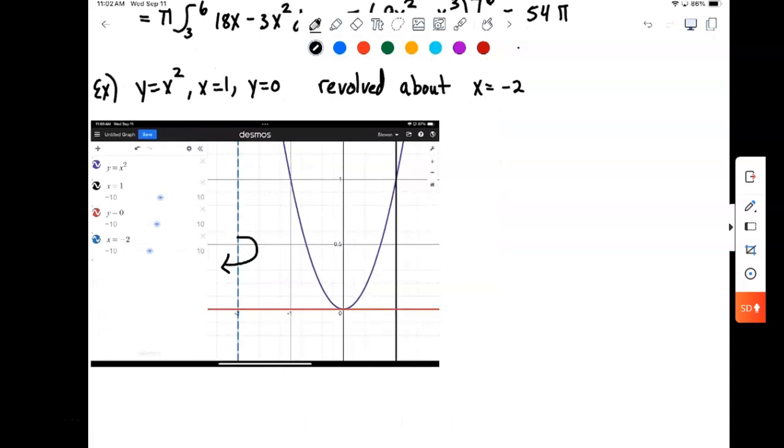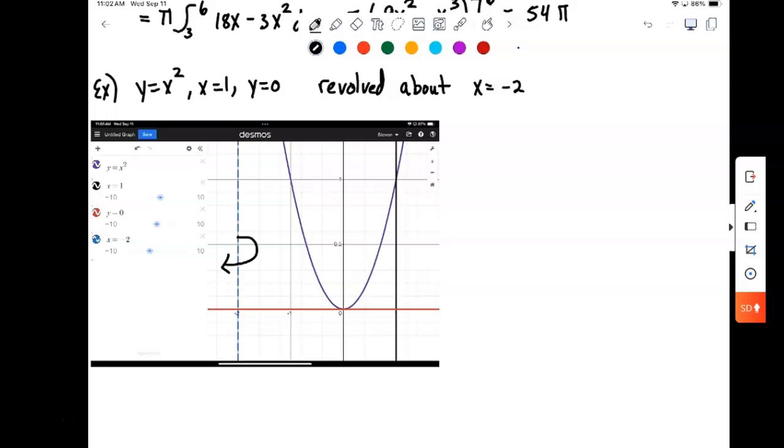So what we need to do is, regardless of whether we're doing this with washers or whether we're doing this with shells, we have to interpret everything in terms of this axis.